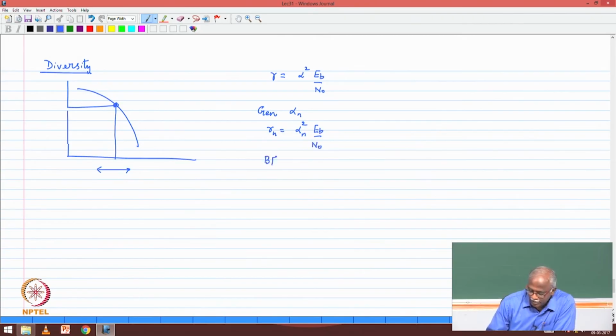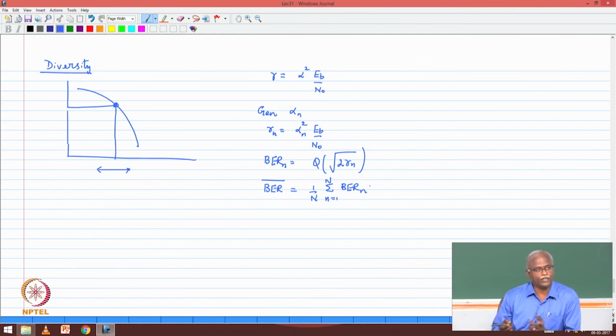Then you calculated the BER of that particular trial as Q of square root of 2 times gamma n, and then you finally averaged the BER, 1 over N, sum over n equals 1 through N of BER n. Am I right? This is what you have done in your computer experiment, and you were able to show that the graph is something of this type.